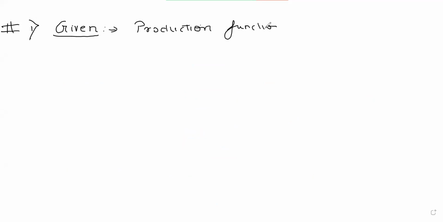Okay, so question number 1, what is given to us? I am writing that again for perfect clarity. We are given the production function, which is Y = K^α (AL)^(1−α), where α lies between 0 and 1.